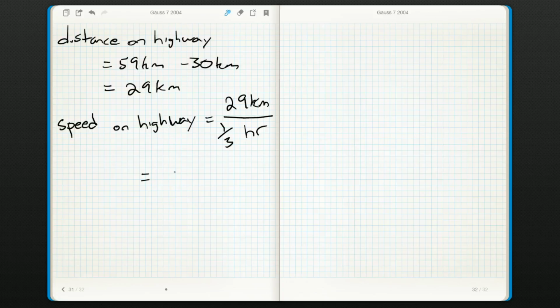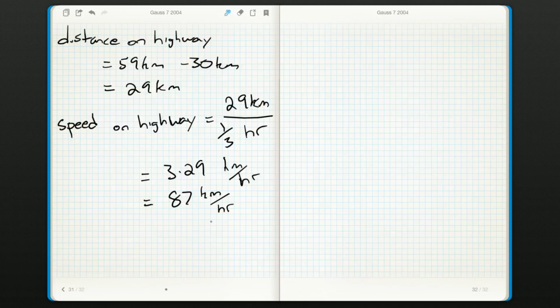This is the same as 3 times 29, and you'll get kilometers per hour. 3 times 29 is 87. No shame if you need to get your calculator. In fact, I'm going to double check because the 29 times tables don't come up very often. I tend to think of it as 3 times 30 and then subtract 3 from that, so 90 minus 3. A lot easier to do. But I do still get 87 if I punch it in on my calculator. So her speed on the highway is 87 kilometers an hour.